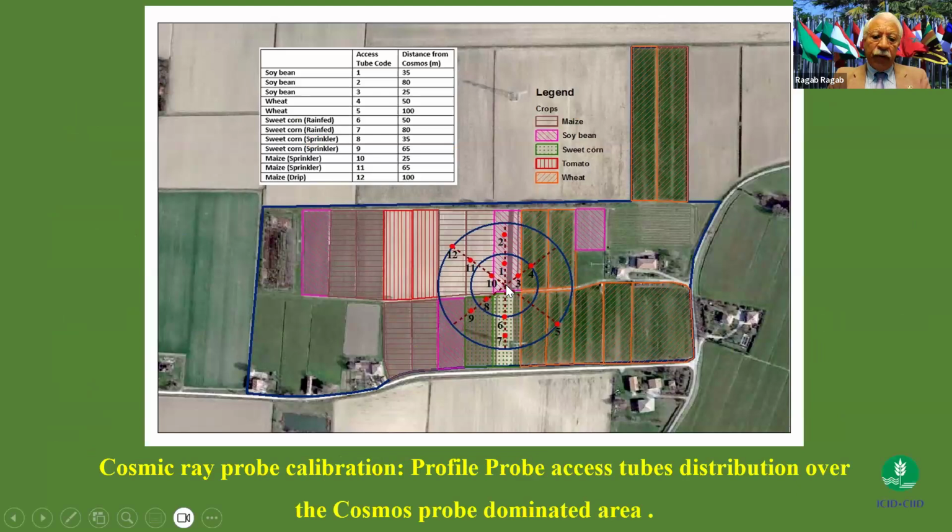Here is the Cosmos tube, and this is about 100-meter distance across the field, different fields and different crops. Here we have the profile probes, the soil moisture sensors, and the soil core locations, and we started to look at the comparison between what we obtain from these measurements and what we obtain from the Cosmos.